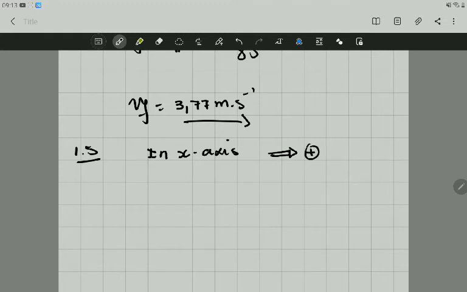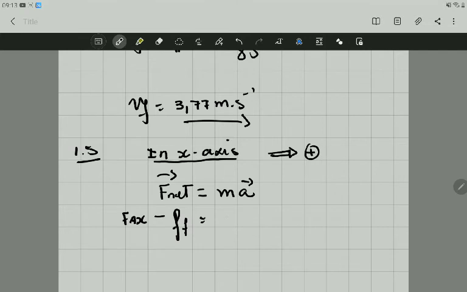I'm going to start with Newton's second law: net force is equal to the product of the mass and the acceleration of the object. Now, what forces are acting in the x-axis? That was the applied force in x and the frictional force, which is pointing in the opposite direction, therefore it is negative. Applied force in x minus frictional force is equal to the product of mass and acceleration.